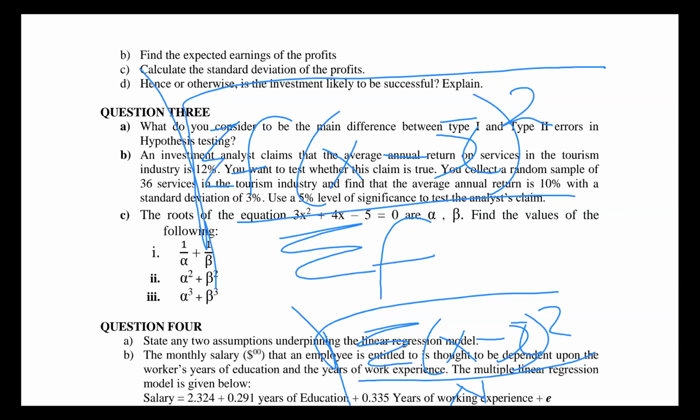Is that mu? Oh no, it's n. Just n, to represent the sample size, the number of individual entries. Oh, okay. Okay, thank you.